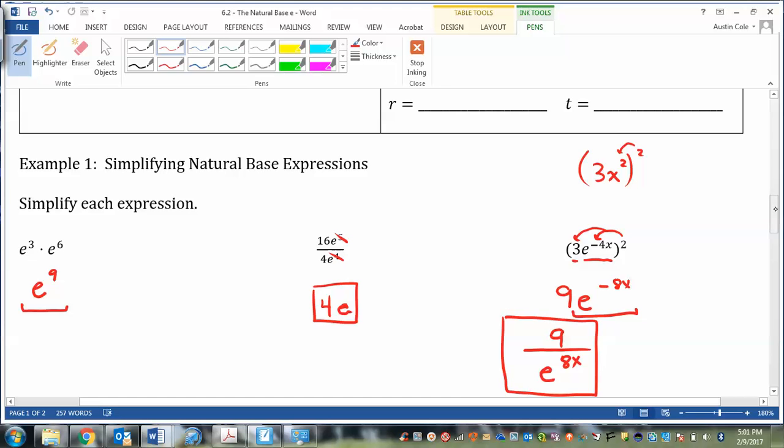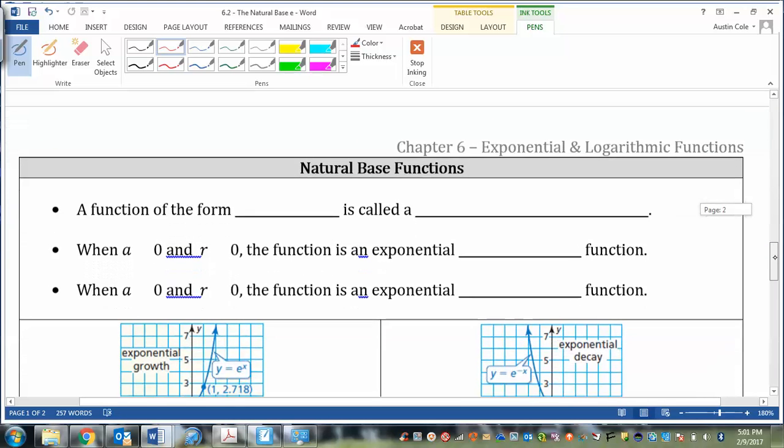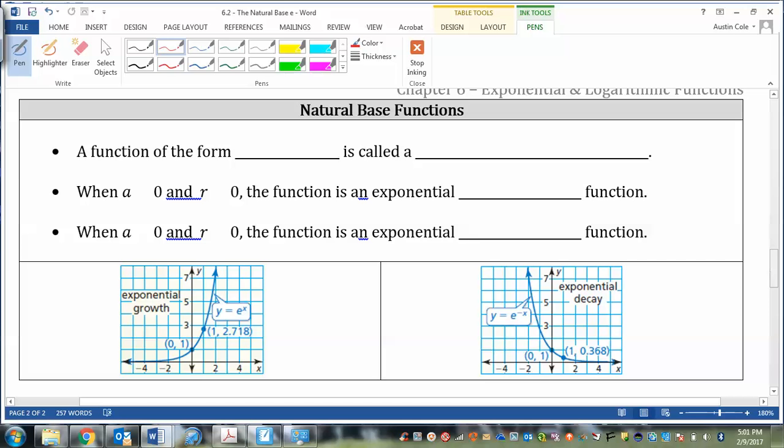Okay? All right, we're going to come back to the compound interest here in a second. Now, we're going to talk about natural base functions. A function of the form y equals a times e to the rx is called a natural base exponential function.